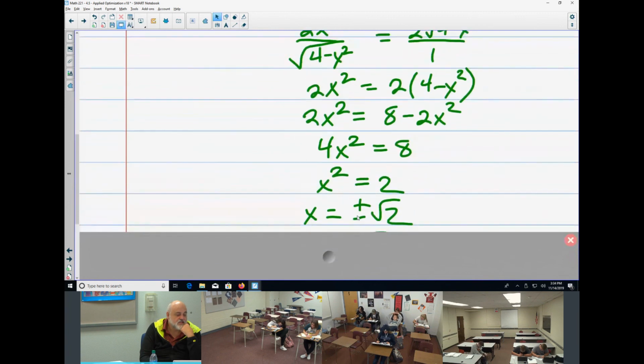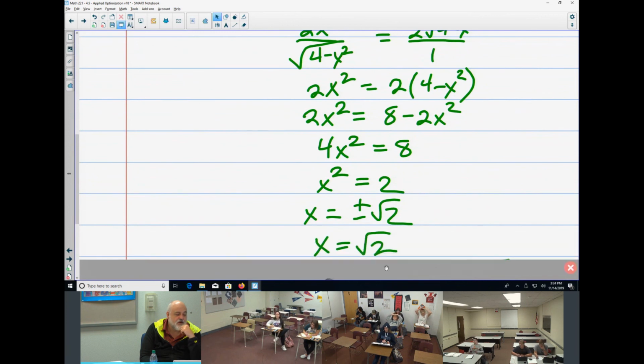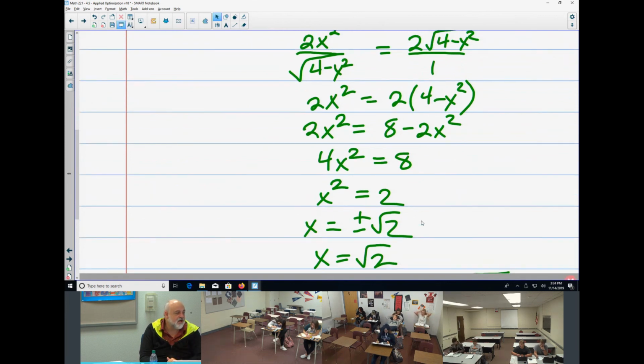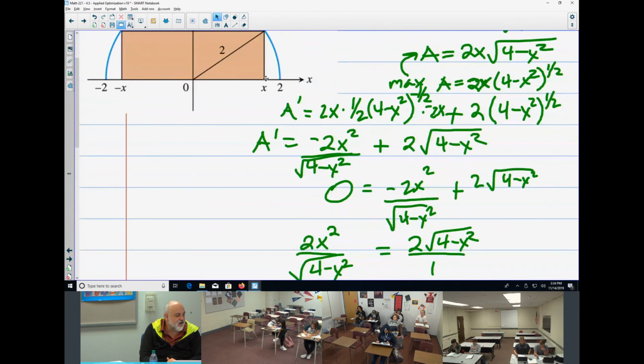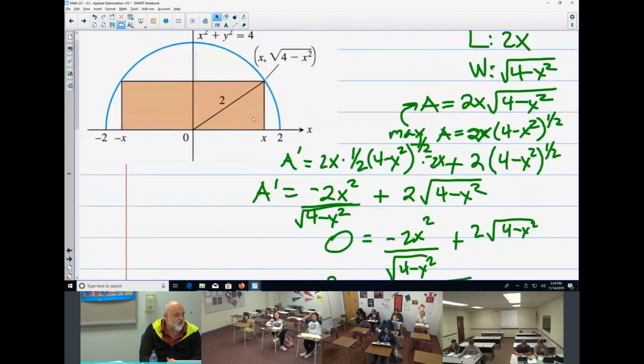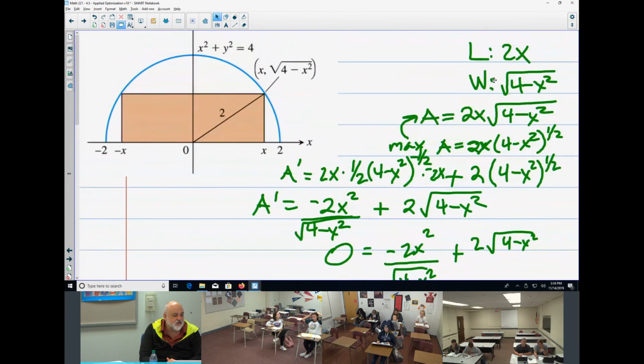So x equals plus or minus radical 2. And since x represents the length of part of your rectangle, you just use the positive value. Because x represents this distance right here, the full distance is actually 2 radical 2, because it's radical 2 in this direction, radical 2 in this direction. So the whole length of the rectangle is 2 radical 2. So what would the width be? If we plug in radical 2 for x, what do we get?